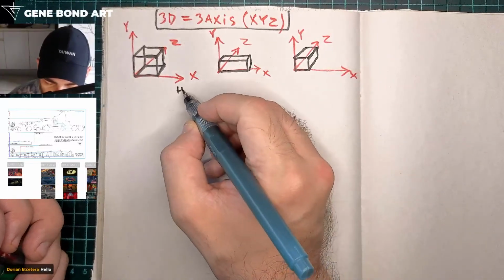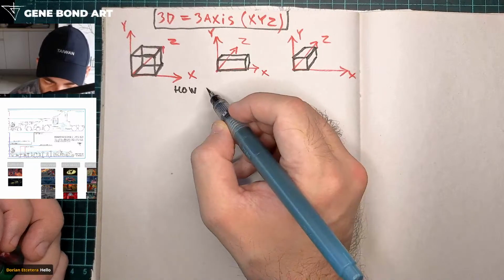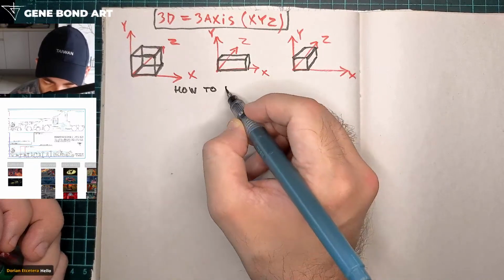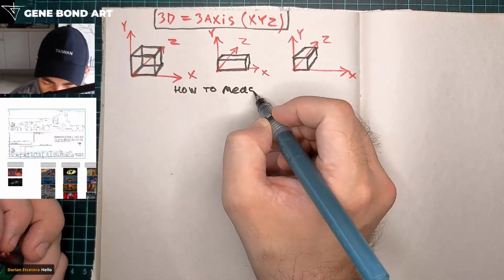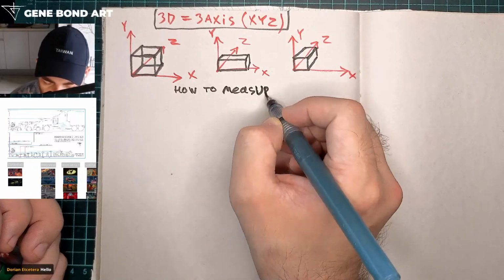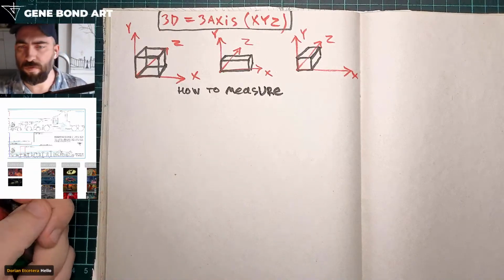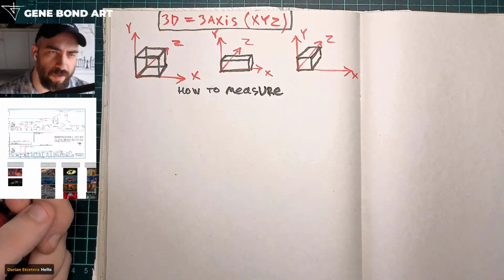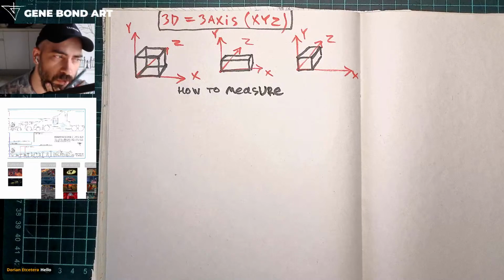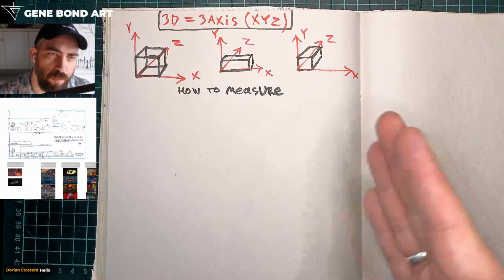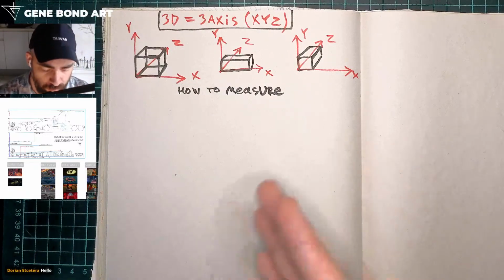So let's write it. Measure. This is so essential, it's in every basic book. It's about transferring points in perspective.